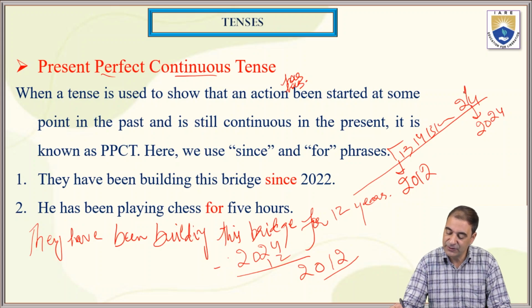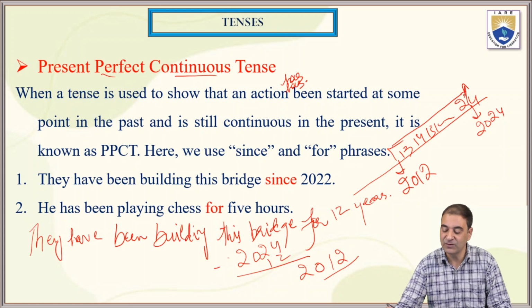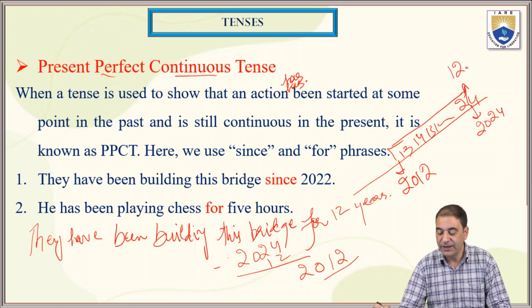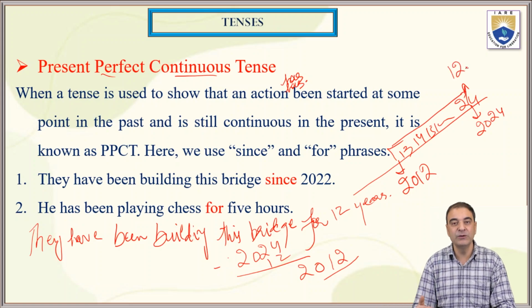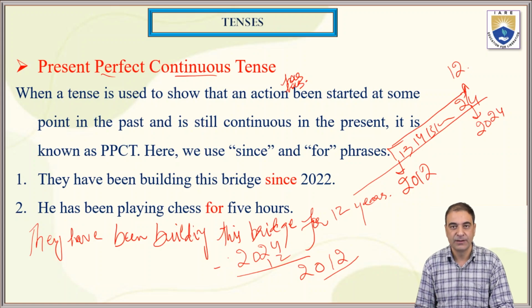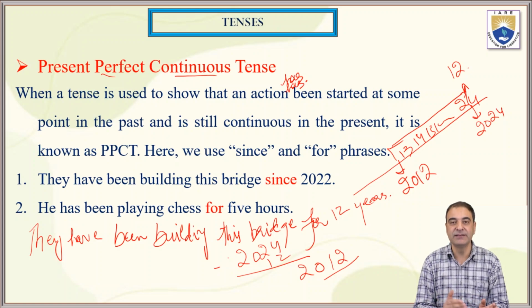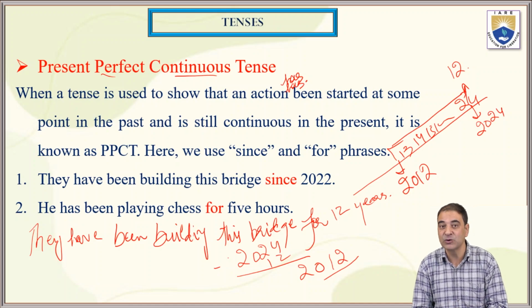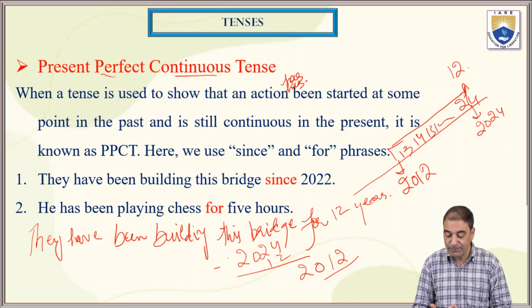But some period of time has been completed. And what's that? 12 years. In 2024, although the action is continuous, some of the period has been completed. And what's that? That's 12 years. That's why we say they have been building this bridge for 12 years. At present, in 2024, I'm telling you that they have been building this bridge for 12 years.